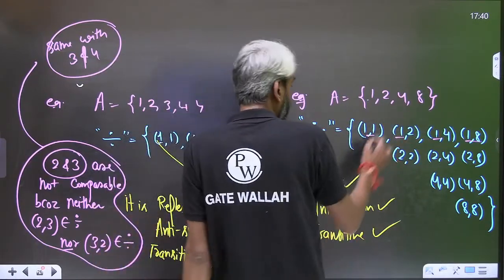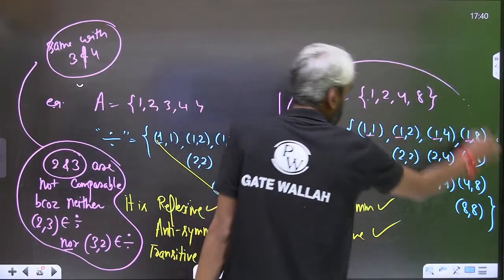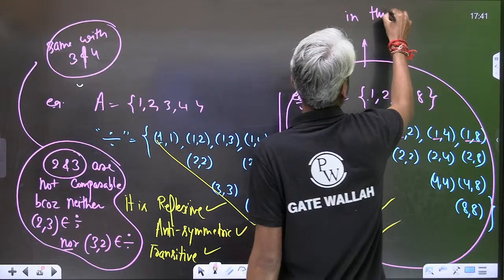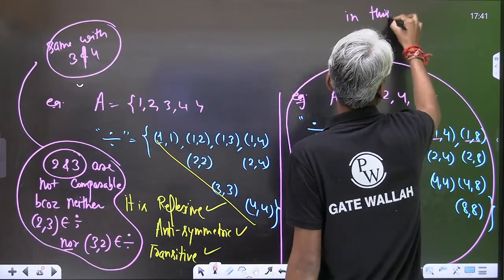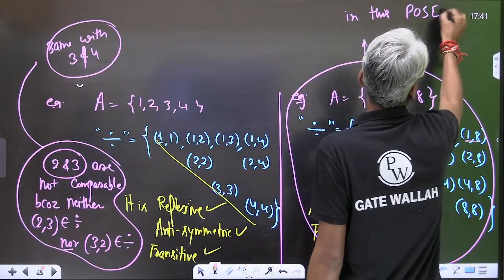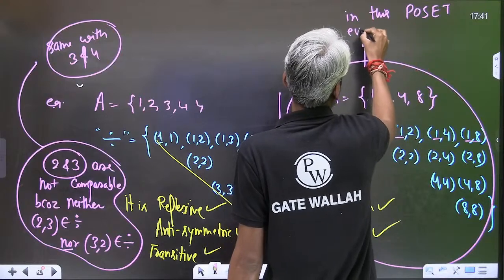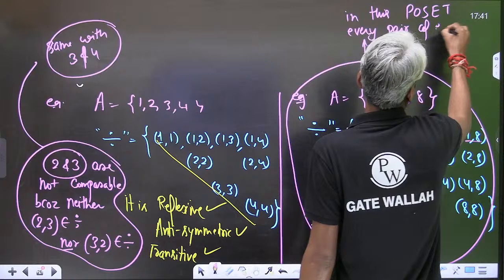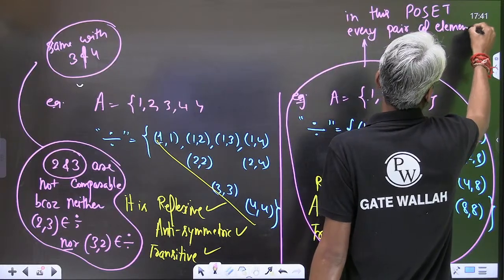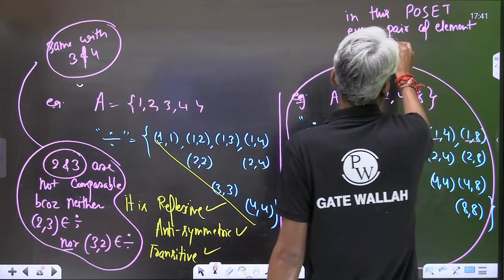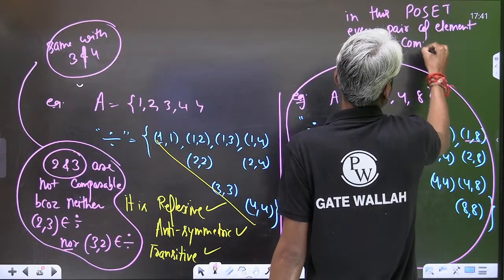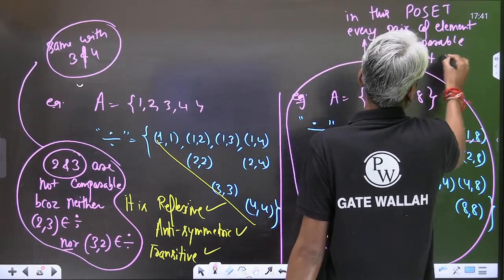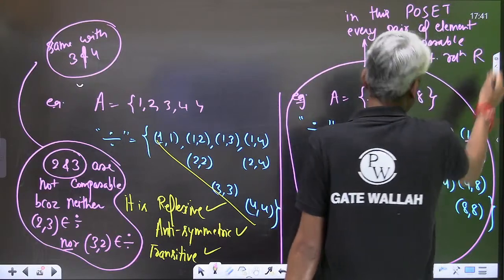So if you look at this, in this partially ordered set, every pair of elements is comparable with respect to the relation divide.